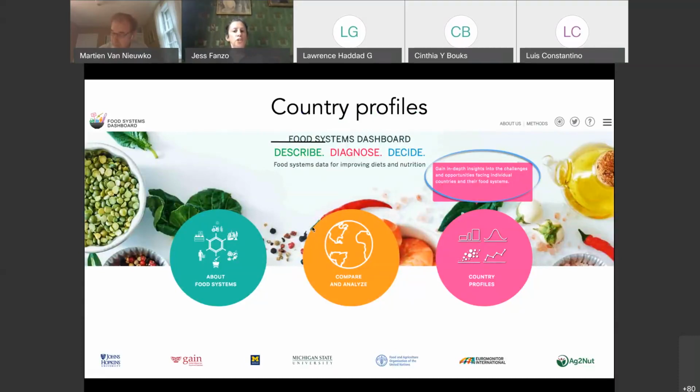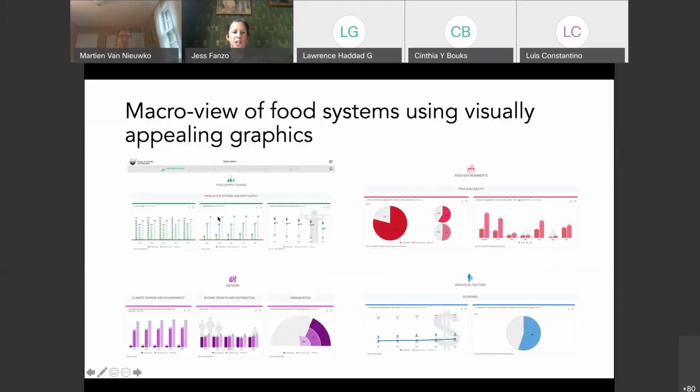And what you can do is look at a country and get a macro view, a snapshot, a profile of how the food system looks in that country. And here's just some examples of that country profile that, of course, is all downloadable as a PDF. And we've captured a couple of indicators on the food supply, food environment, drivers, individual factors, nutrition and diet outcomes.